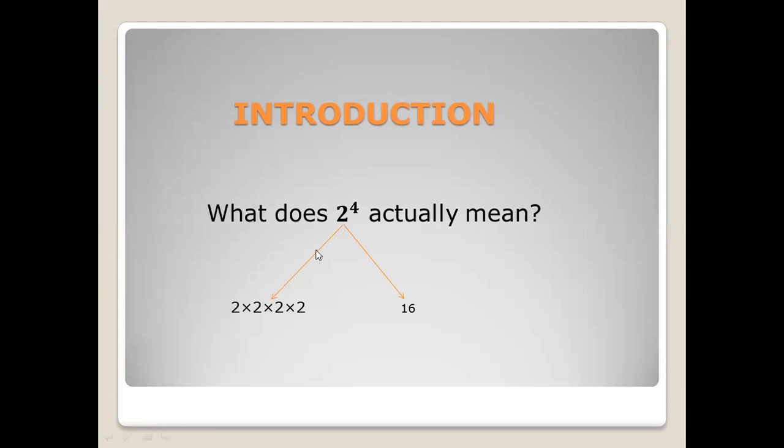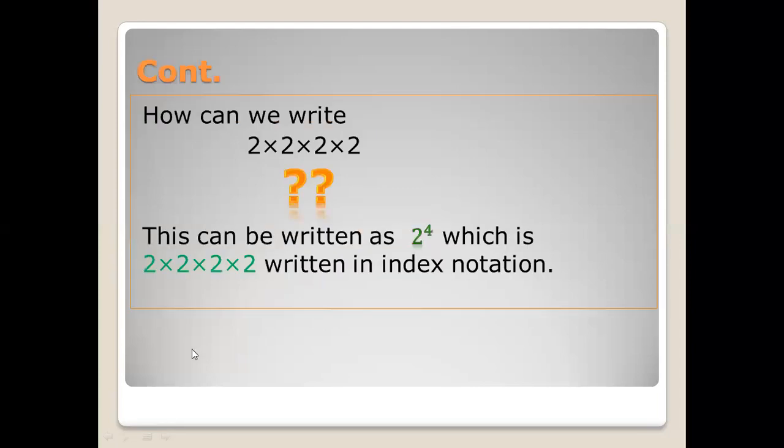Okay, so what we're going to do is zero in on this thing here, 2 raised to power of 4. And in our next slide, we're going to discuss more about it. And then as a continuation, who else can read for us what is on the screen? Clavius Ruto.